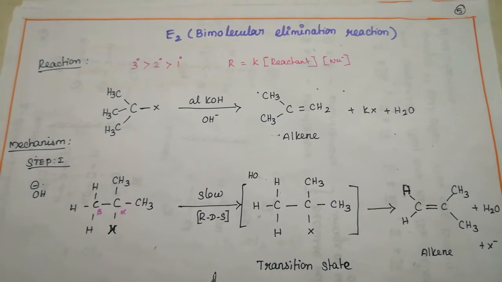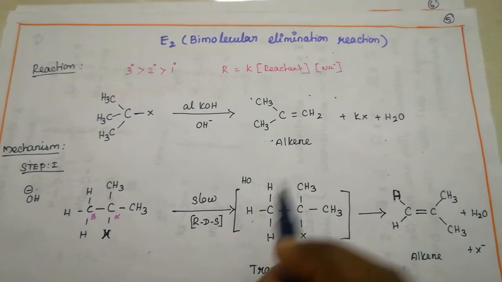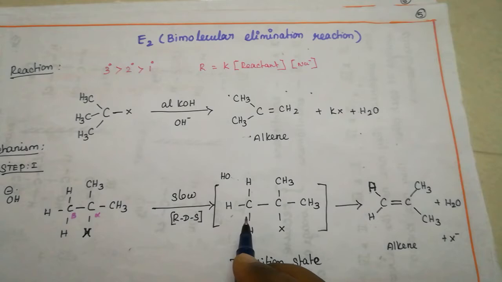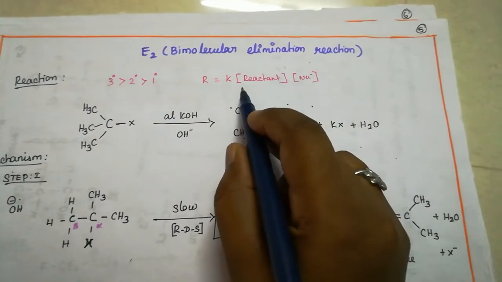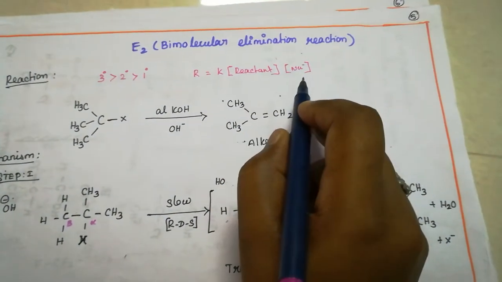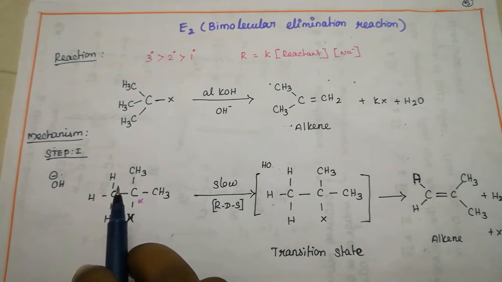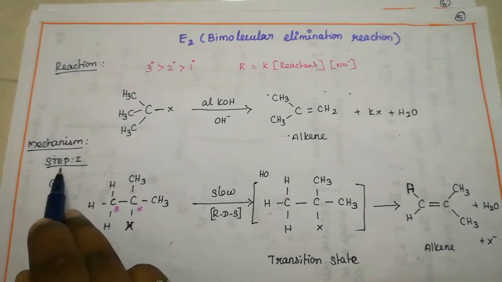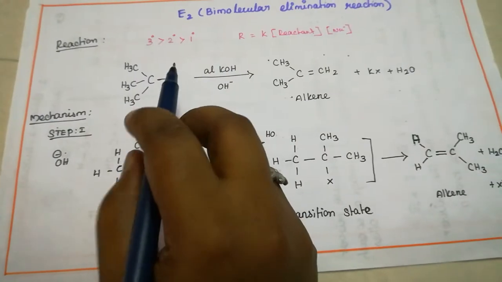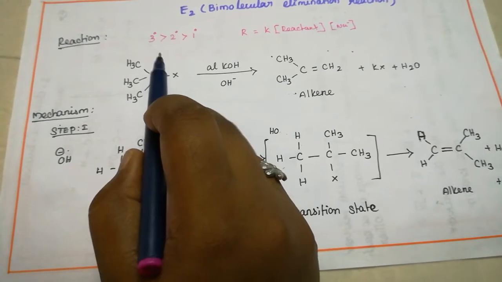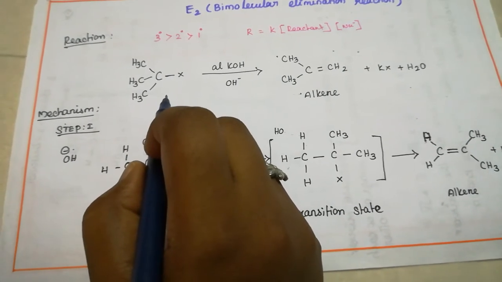But in E2 elimination, the nucleophile is also involved in the rate of the reaction. So rate equal to K reactant and nucleophile. Then the E2 reaction mechanism occurs only in one step. Here tertiary is more preferred, so I am taking a tertiary compound.